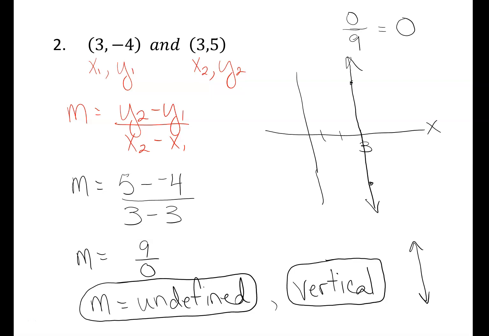So if you recognize that the line's going to be vertical without even doing this formula, that's fine. You could just say, okay, this is a vertical line, and I know that the slope of a vertical line is undefined. So it would be possible to answer that without the formula in this case. Or you may want to go ahead and do it both ways to kind of double check yourself.